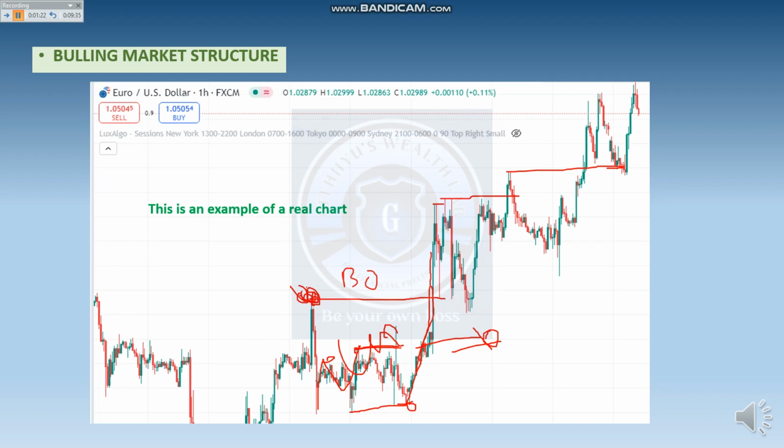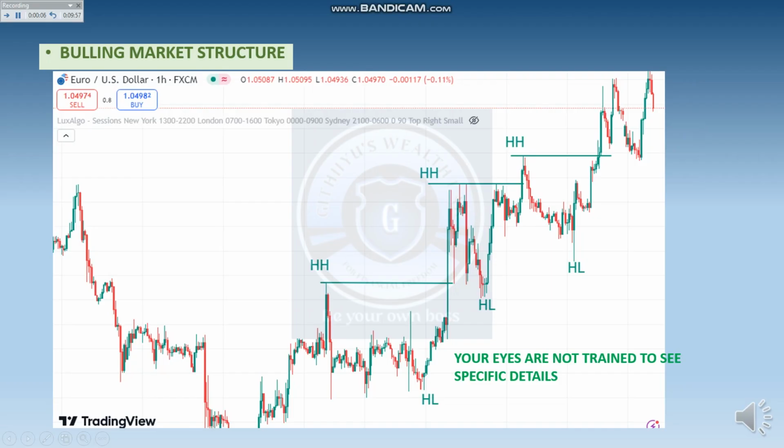So ours is to create a strategy, or to look at what the market is doing, and then base our trades according to those structures. So in a bullish market, we have said that the market creates higher highs and higher lows.